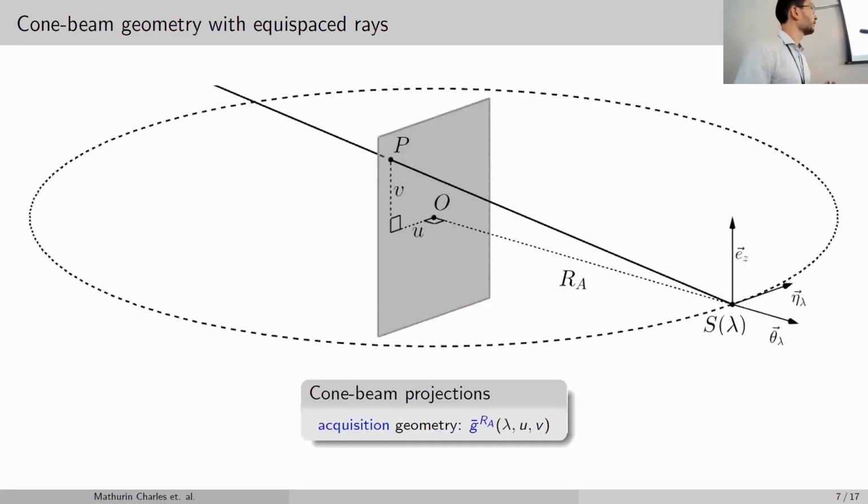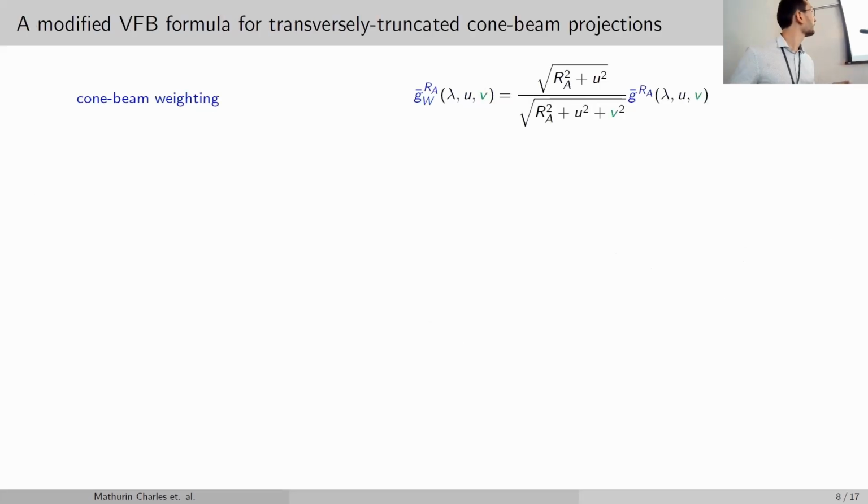Now, let's go back to our 3D problem. Here is the acquisition geometry of the cone beam projection, and now we will see how we adapt the virtual fan beam formula used in the midplane for the cone beam data. We begin with a weighting step.